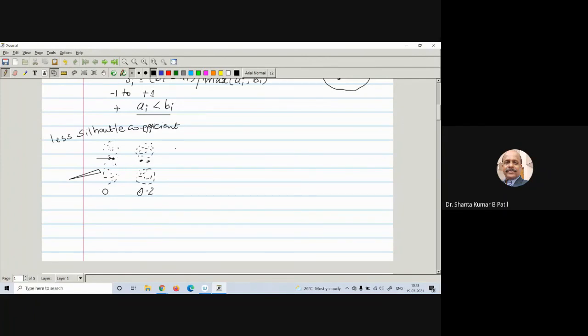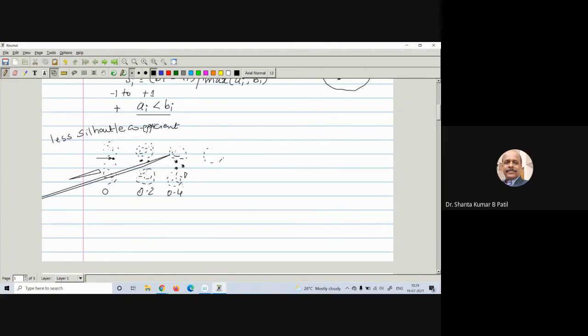If more and more are there, for example, take 2 clusters. This is the second cluster. In this case, if more dark points are there, they contribute. So maybe you can take this Silhouette as 0.4.